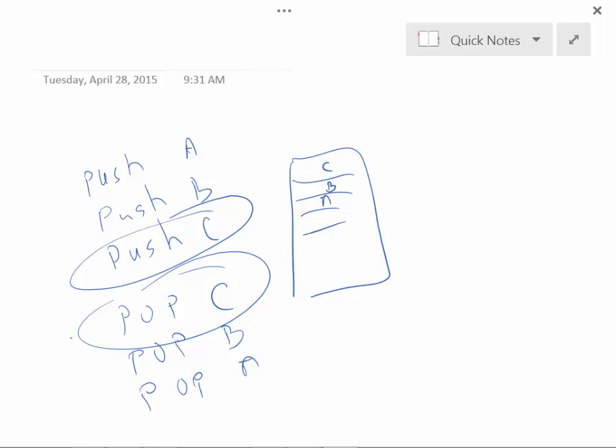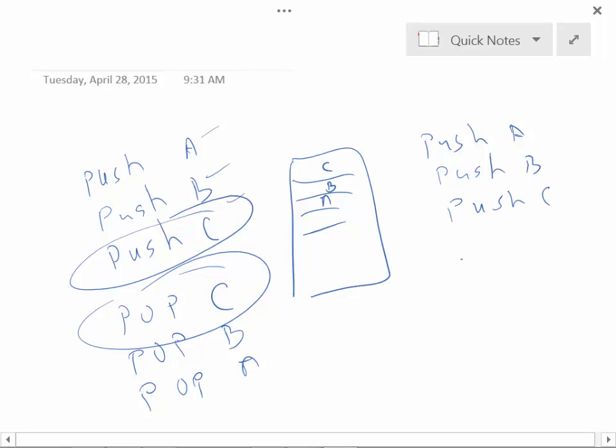Now remember, if we did push A, push B, push C, and then did a pop A, what that's going to do is take what was in C and put it into A. So it's going to generate an error, if we want to restore things back to the way they were.